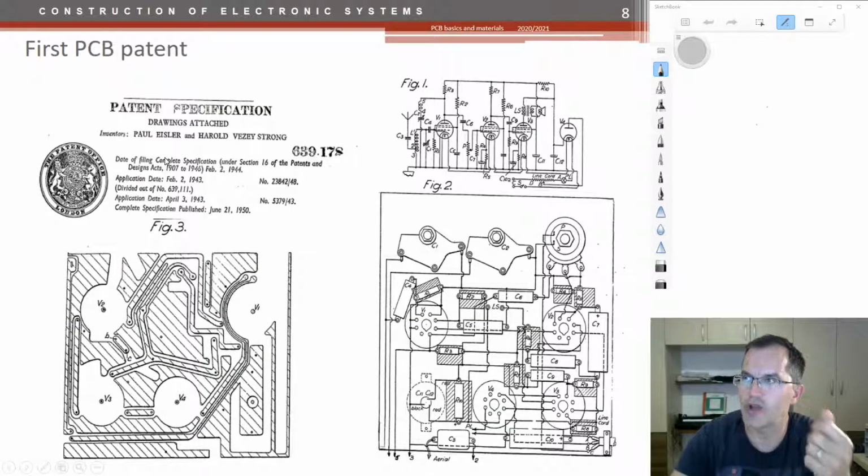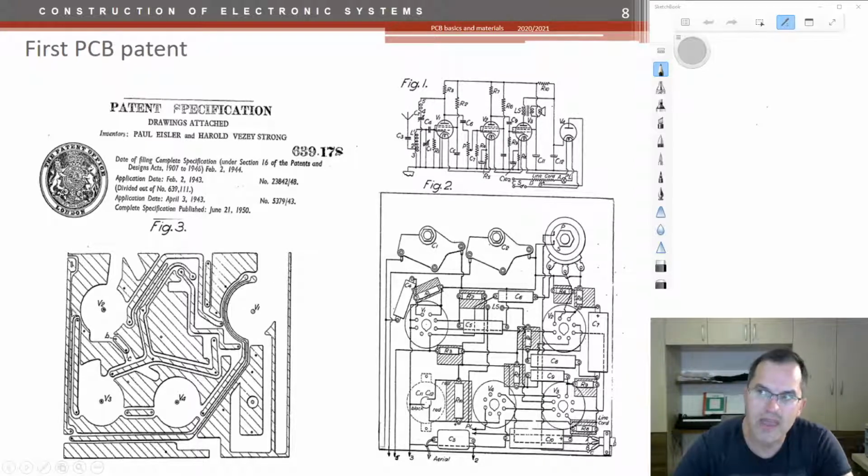The patent is on the actual transformation from the schematics to the placement of components, connecting the components, and finally making these conductive surfaces that are connecting the components together.